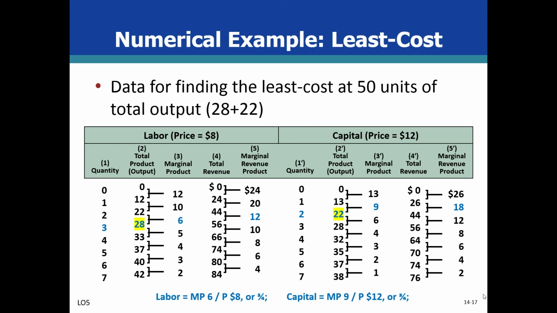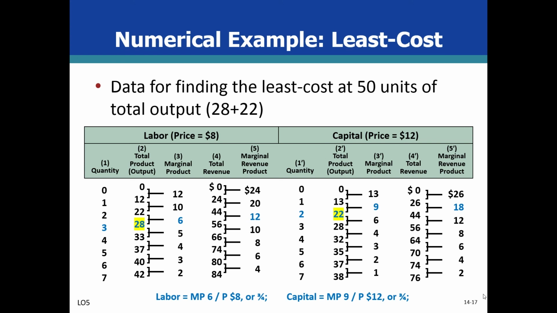Same table as we've seen before. Total quantity of labor input in the first column, total output in the second column, the marginal product of the additional labor in the third column, total revenue in the fourth column, and the marginal revenue product in the fifth column for labor. The same is also true for capital, the exact same combination, okay?